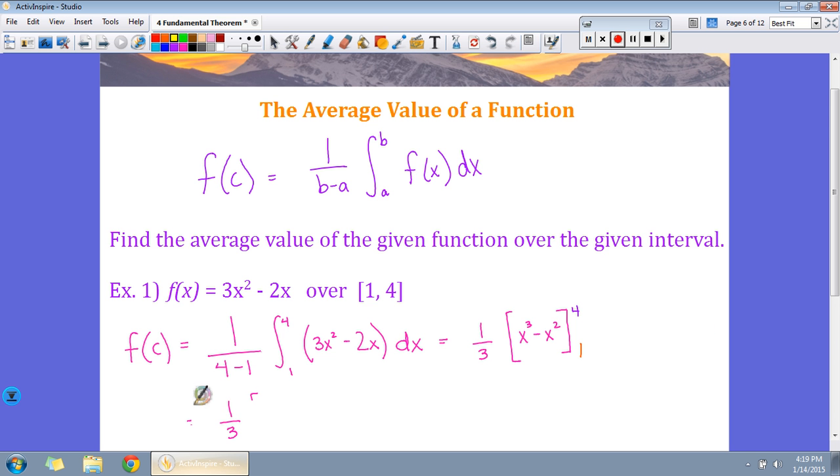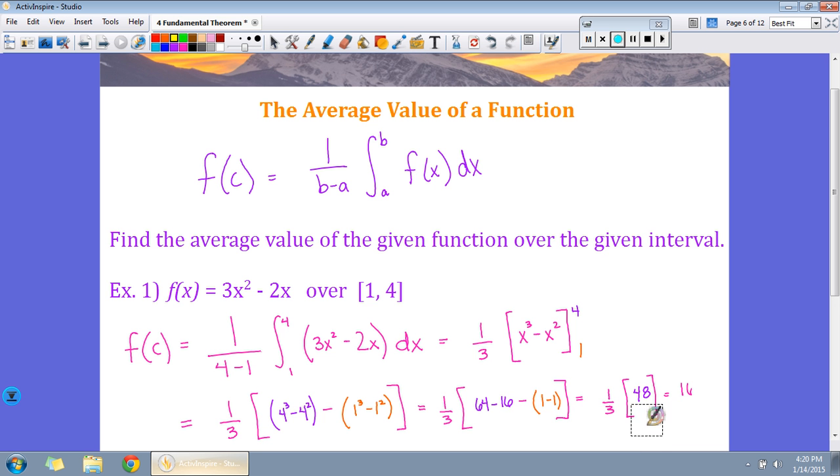Evaluated at 4, we've got 1/3 times 4 cubed minus 4 squared minus 1 cubed minus 1 squared, and that ends up being 1/3 times 64 minus 16 minus 1 minus 1, which is 1/3 of 48, which is 16. 48 represents the area under 3x squared minus 2x from 1 to 4. 16 represents the average value of this function on this interval.